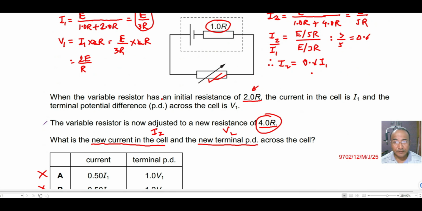Now let's go for V2. So this V2 is equal to I2 into the resistance, which is 4R.